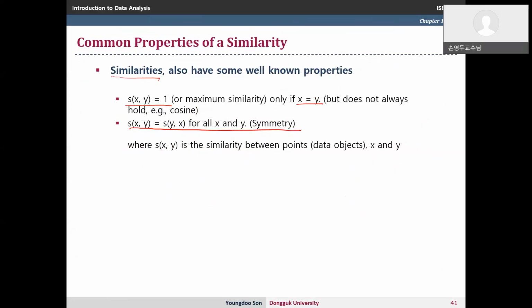And also we saw the common property of similarity. The similarity can be considered as the opposite concept of distance or dissimilarity, so we can derive the properties of similarity from the properties of the distance in the previous page.